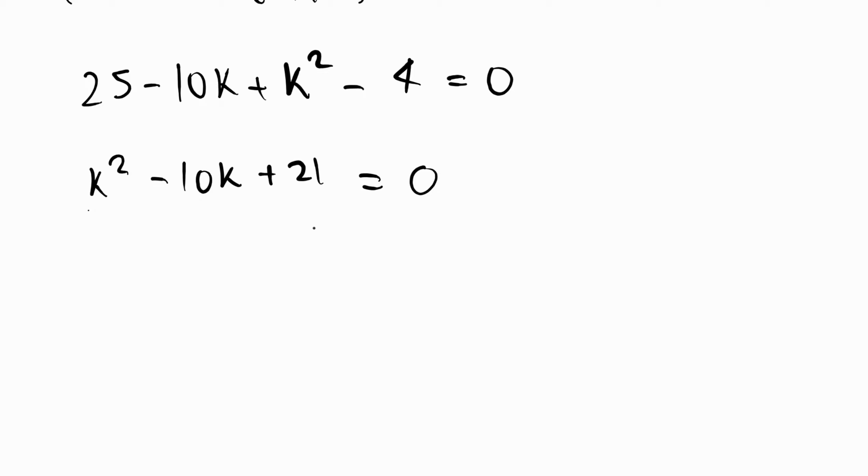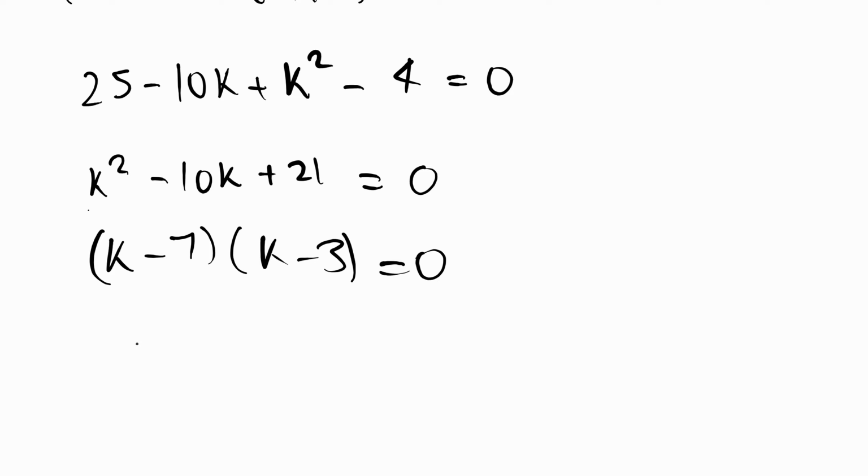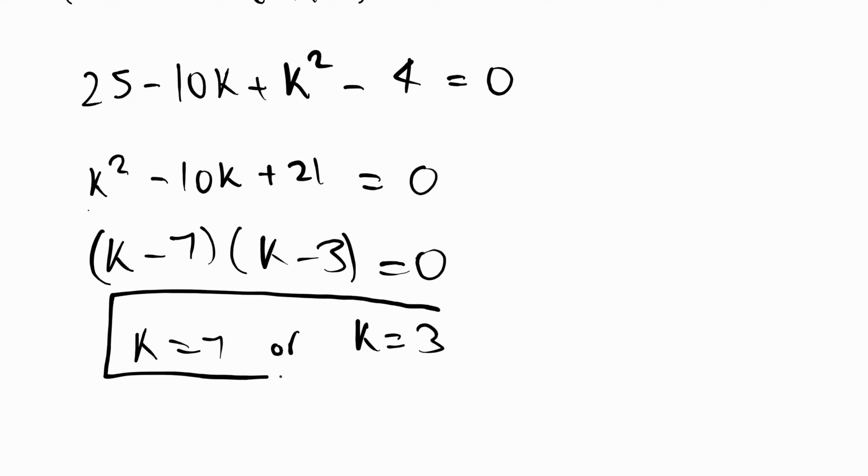You can use whatever method you like, the quadratic formula or whatever. I just like to factor it fast. So I immediately know this is (k minus 7)(k minus 3). That just comes with practice. If I set it equal to 0, k is equal to 7, or k can be equal to 3. There are two possible values for k for this question, and so that's our answer.